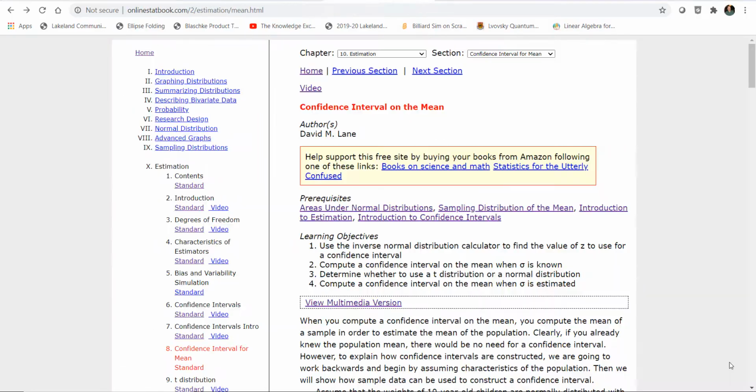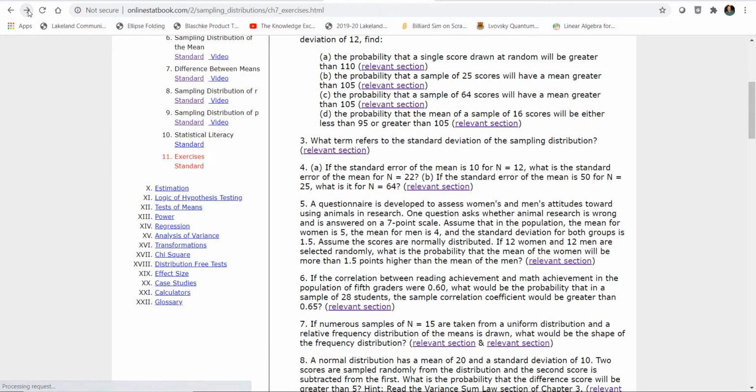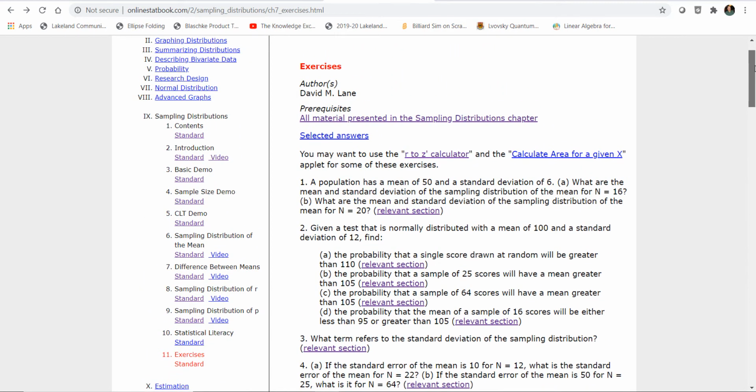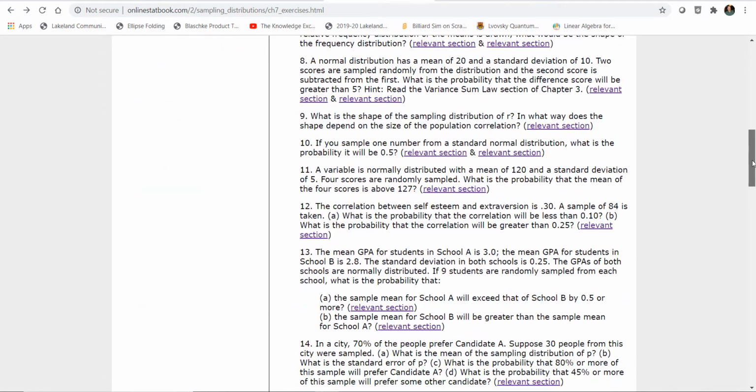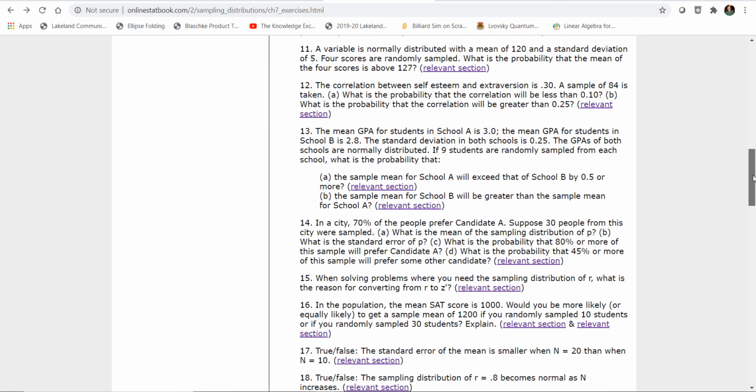So here we go. Before we talk about confidence intervals, which again is chapter 10, I want to go back to the homework you worked on, chapter 9. You guys did a number of exercises here. I want to go down to problem 11. It says a variable is normally distributed with a mean of 120 and a standard deviation of 5.